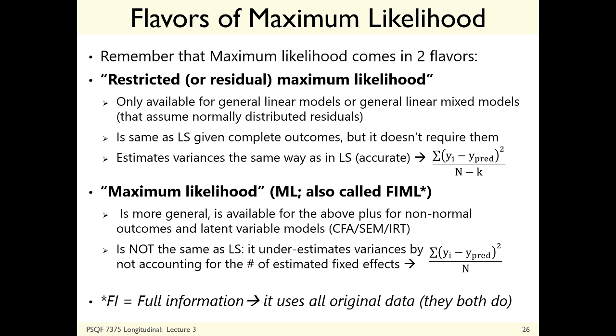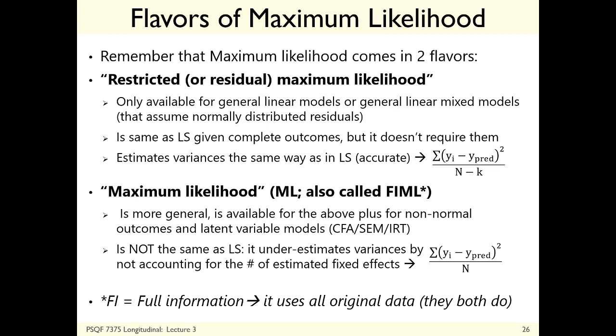It boils down to what you may have been told about sample versus population in estimates, where in population you don't have to acknowledge the fact that you've estimated something to get the variance, whereas in sample you do. Because what do you have to know to be able to compute a variance? Well, the predicted y. At a minimum, that's predicted based on the mean. It's predicted based on other stuff in more complicated linear models that have regression or ANOVA types of things. So this n versus n minus k is the difference.